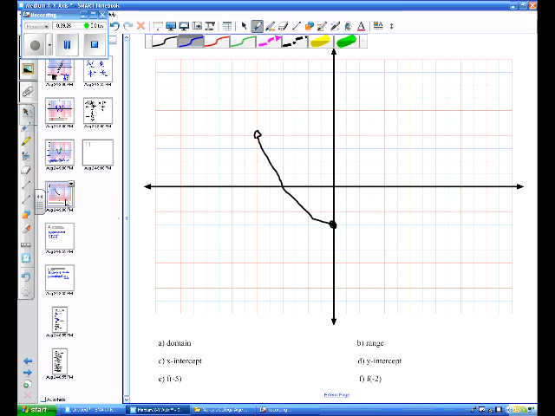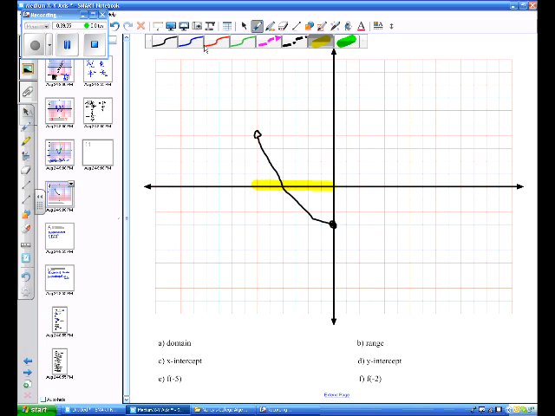Let's look at one more graph and figure out our domain. Now remember, our domain is our set of x values. So if we were wanting to do that, then we're talking about where our graph is on the x-axis. Well, there's no graph out here because we had our circles at the end. That meant this graph stopped here. So our domain starts here and it appears to end right here.